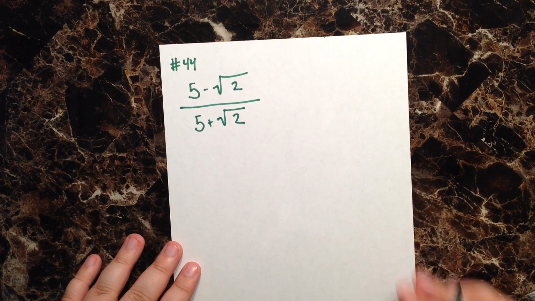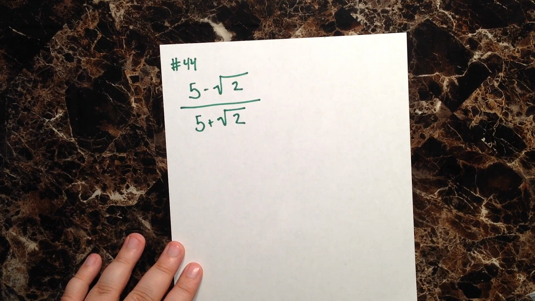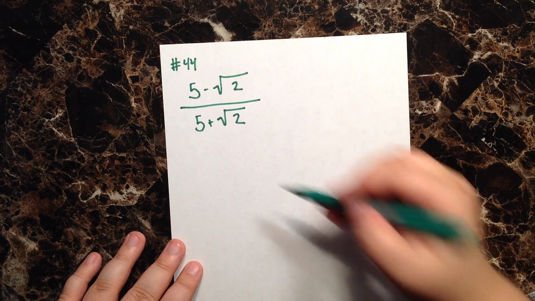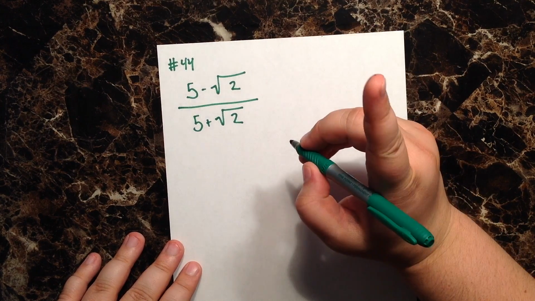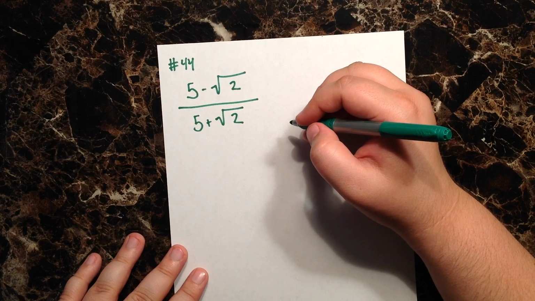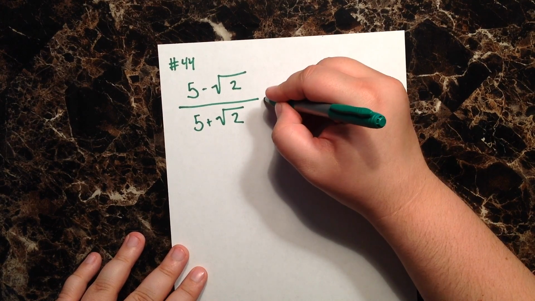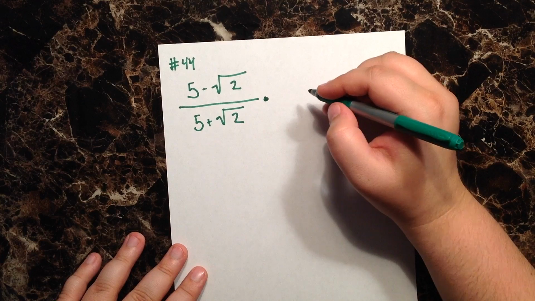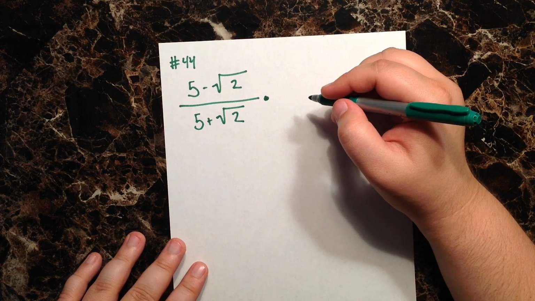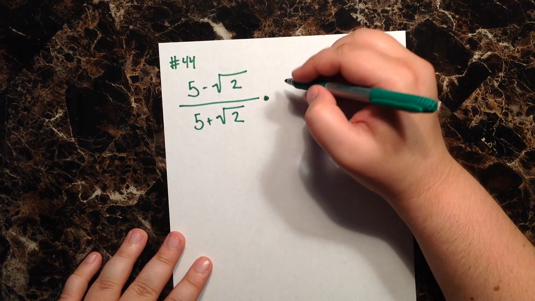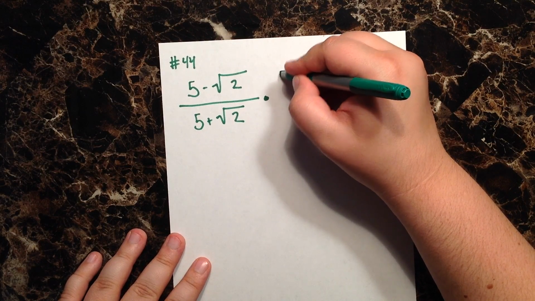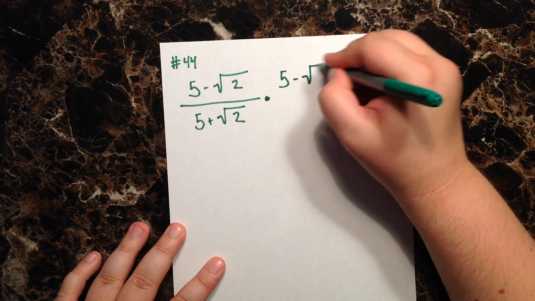Well, remember, when we rationalize the denominator, we are going to multiply our fraction by 1 because we don't want to change the value of anything. And the way that we multiply by 1 is using the conjugate of our denominator, right? And the conjugate in this case is going to be 5 minus radical 2.